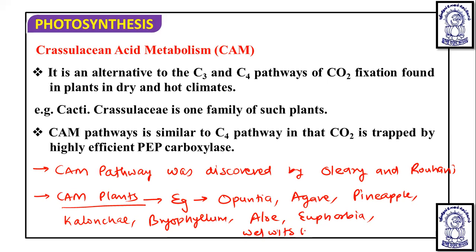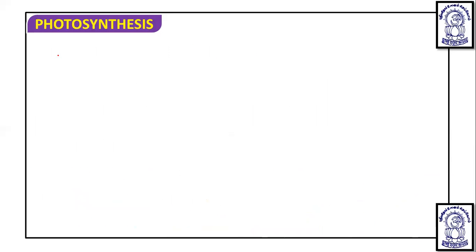This is a gymnosperm. Okay, all these are CAM plants. Now, if we see these examples, all of them are water storing plants. They are xerophytes, but water storing xerophytes. So it is known that CAM plants are succulent xerophytes.